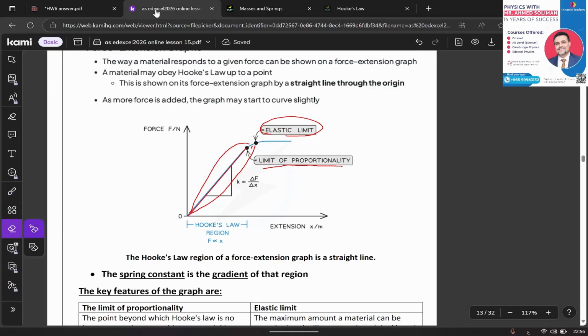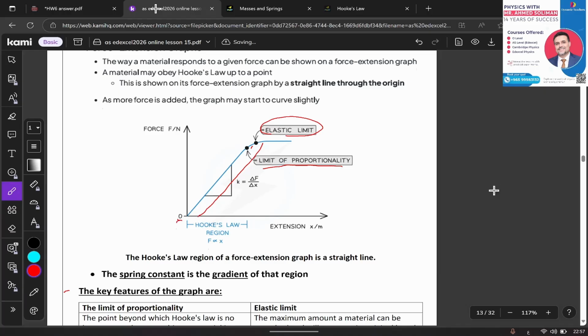So when we release the force after the elastic limit, it will be like this. We still have extension. The force will be 0, but we still have extension.